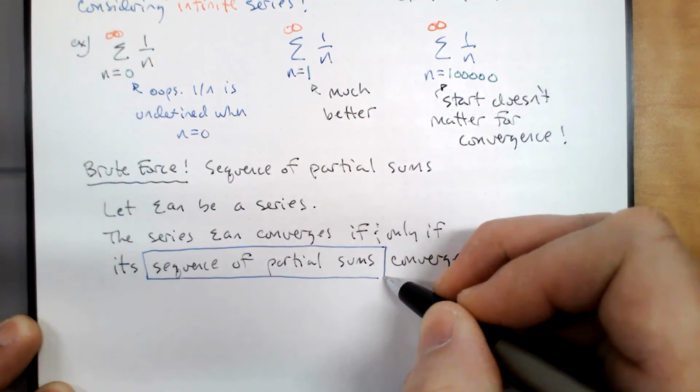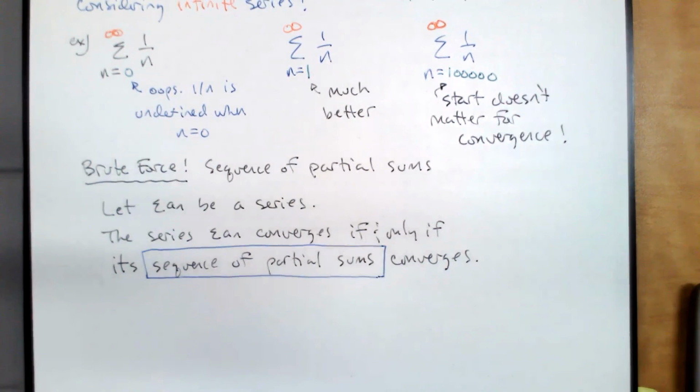Well, I said that a sequence converges if the terms have a limit, so I said what I need to say about it. But I didn't need to talk about this particular sequence. It's a sequence that belongs to a series.